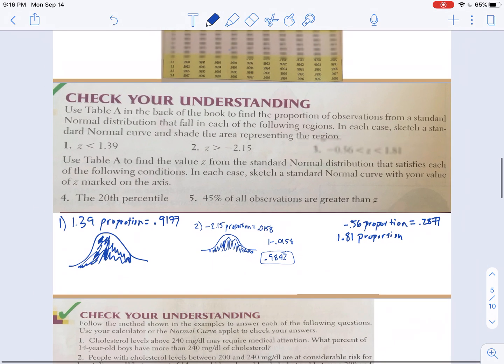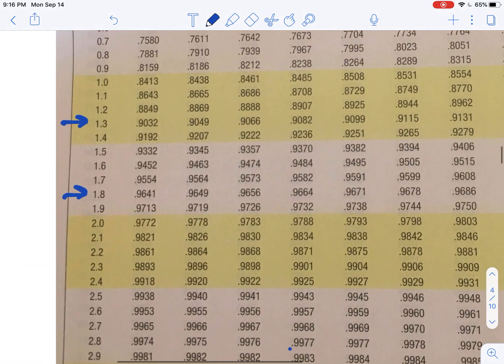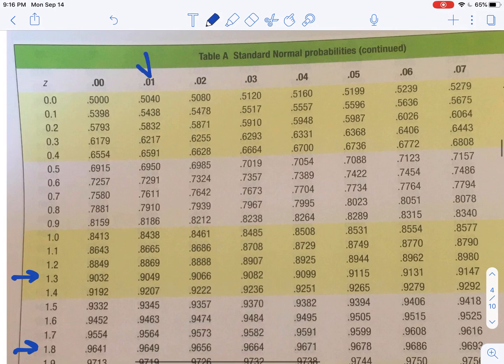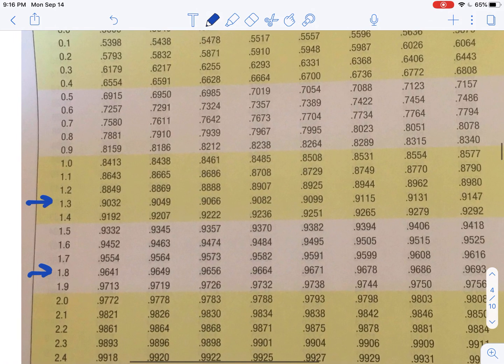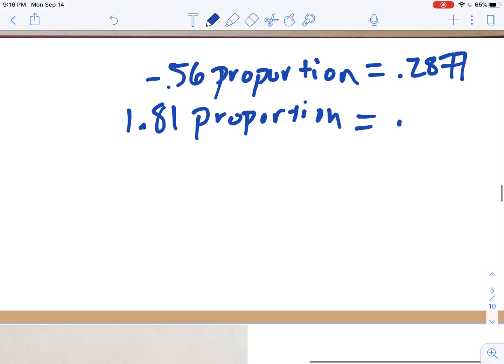So this I can show you again because I've got the positive alpha table. I go to 1.8, I go to the 0.01, so I get 1.81, and I find that this has a proportion of 0.9649. To figure out what lies between these two, I'm going to do my greater proportion minus my lower proportion.